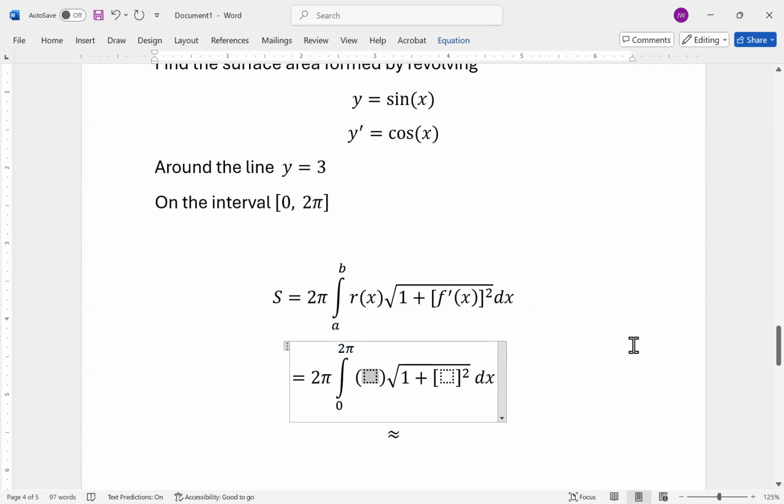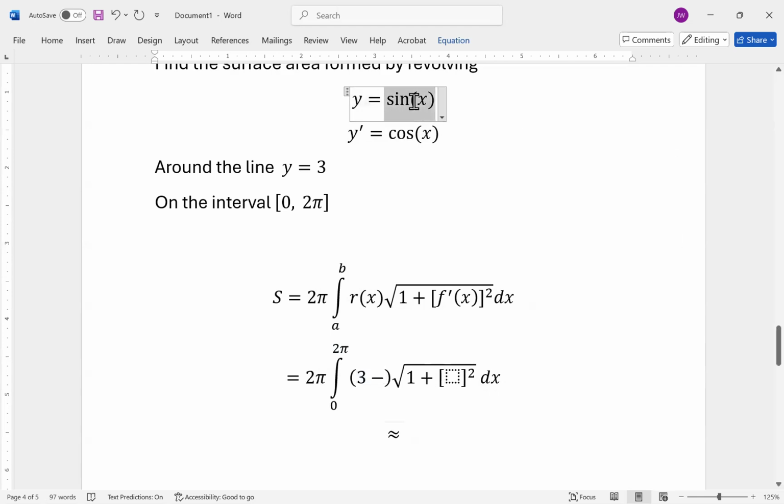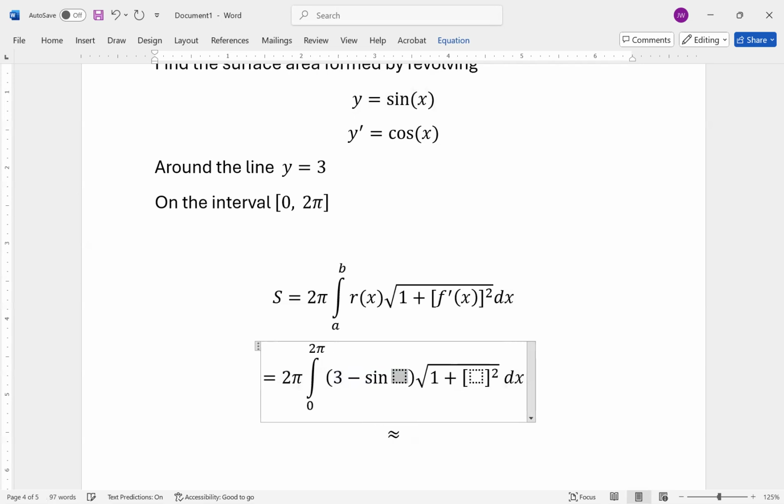My radius, again, 3 was above, so I'm going to take 3 minus my function. My function here is sine of x. So 3 minus sine of x is my radius. Make sure that is entirely in parentheses. And then the square root of 1 plus the derivative, like we said, is cosine of x.